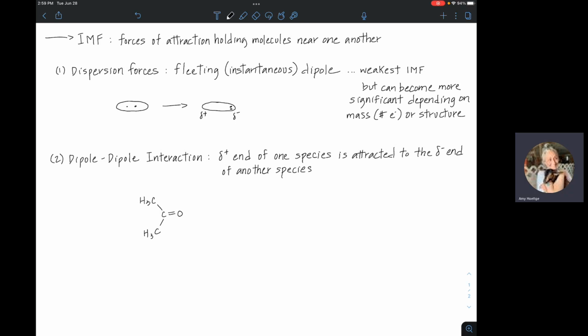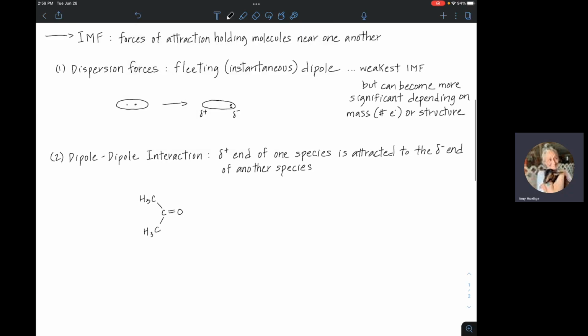And I can draw the dipole end. So there's your dipole moment, right? So in other words, we have a partial positive charge on this carbon. Oxygen is more electronegative than carbon. That's one of our periodic trends, right? There's going to be a partial negative charge up above that oxygen.